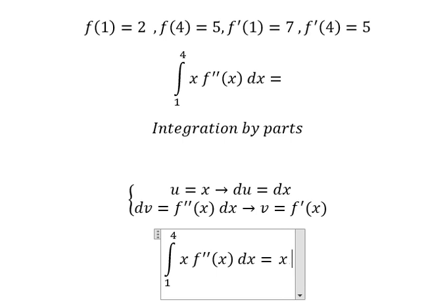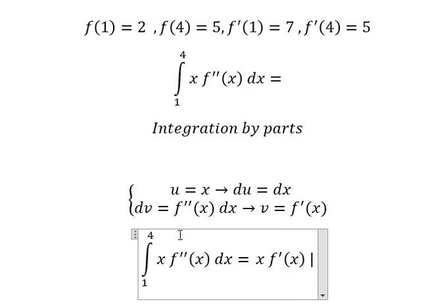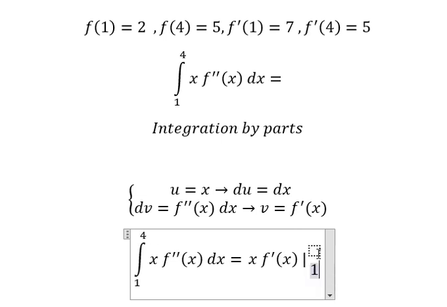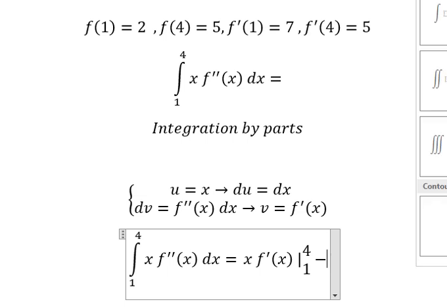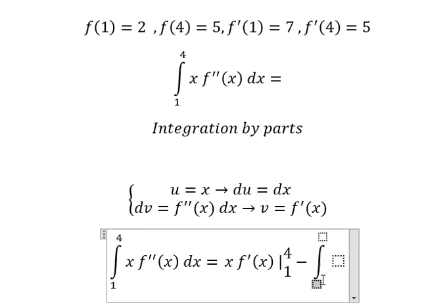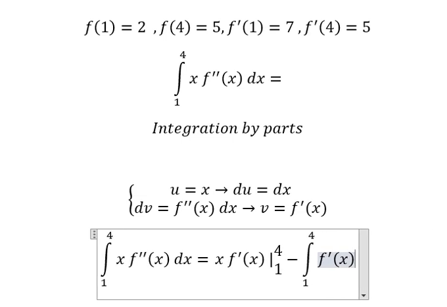So we have s times the first derivative f(s), and I will put the bounds from number 1 to number 4. Minus, we have the integration from number 1 to number 4 of v du, so we have the first derivative f(s) ds.